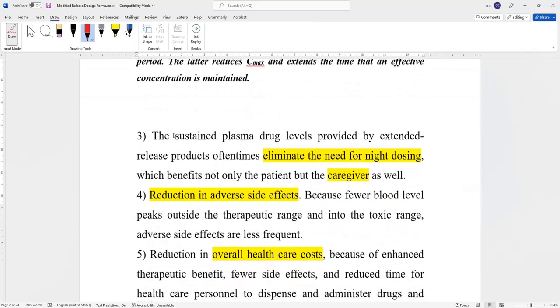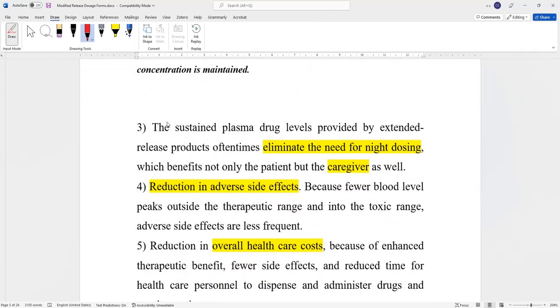and this might not give you the optimum therapeutic effect. Okay, what is the other thing which you can benefit from extended release is that you will eliminate the need for night dosing. Yani, let's say you have to give the drug every 4 hours, for example. This is just an example. It means probably at 2 o'clock you have to get up and take the medication, or maybe at 12 o'clock midnight, when you usually sleep, let's say, at 9 o'clock.